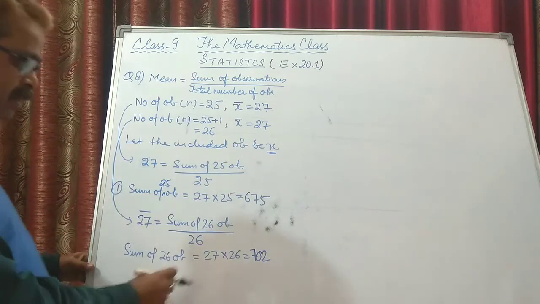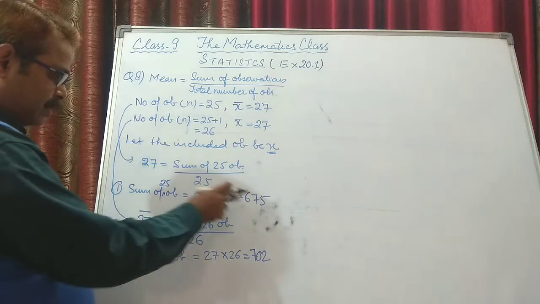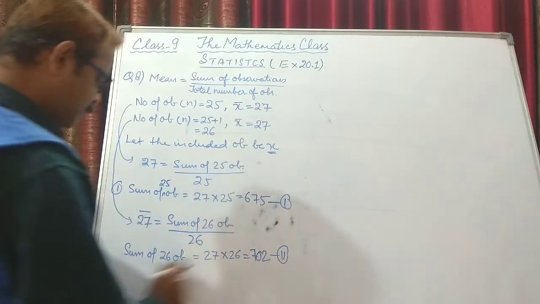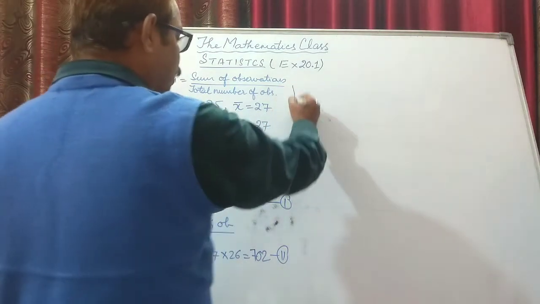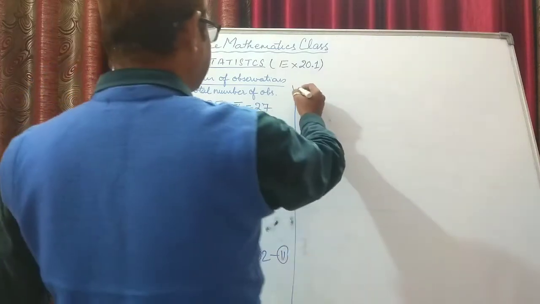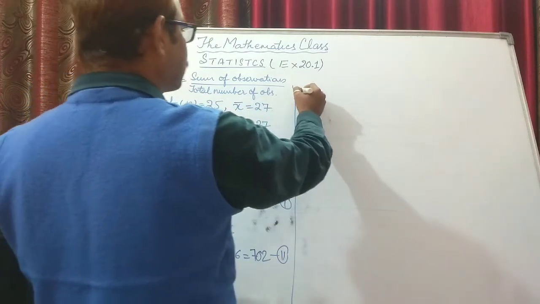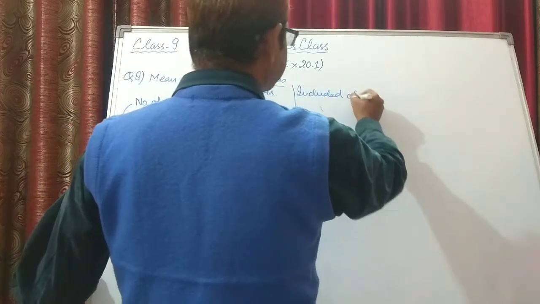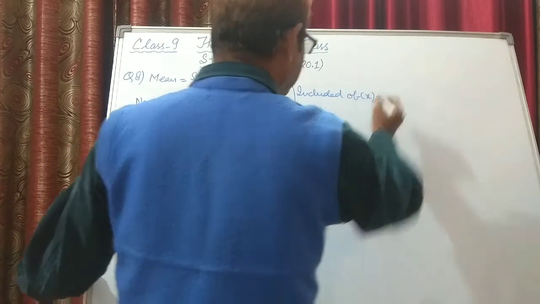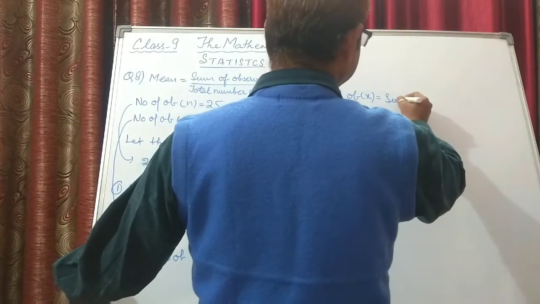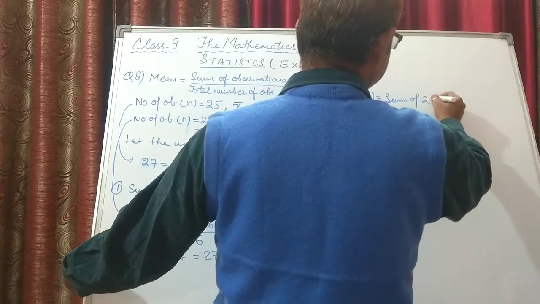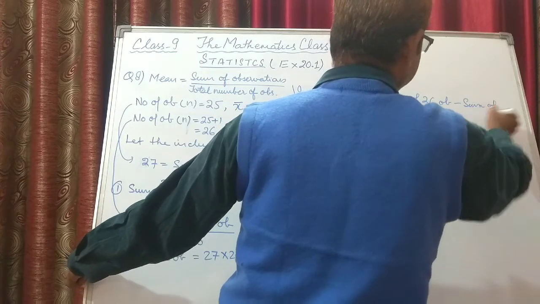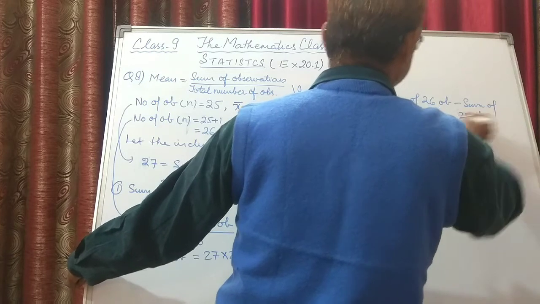Now the sum of 26 observations is 702, whereas the sum of 25 observations is 675. So what is the new number that has been added? We will subtract equation number 1 from equation number 2, or we can say that the new or included observation, that was x, is equal to the sum of 26 observations minus the sum of 25 observations.